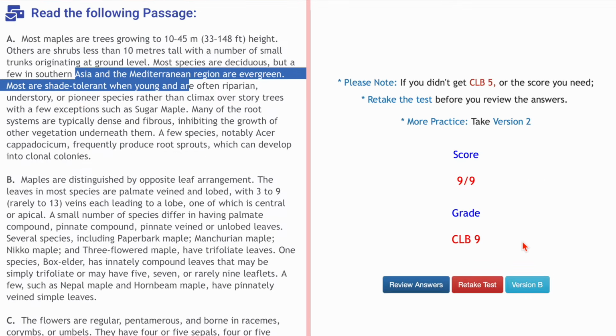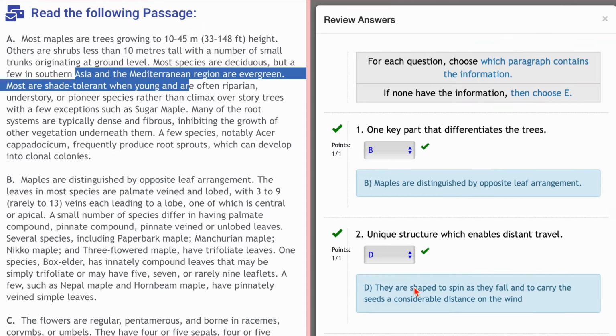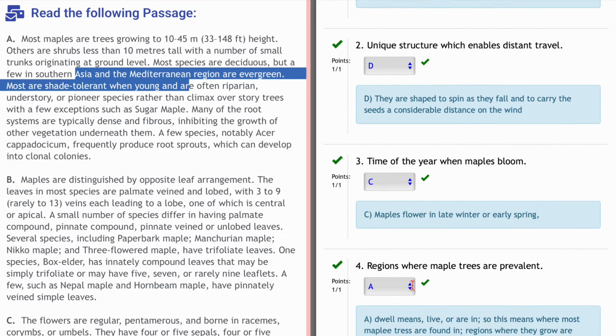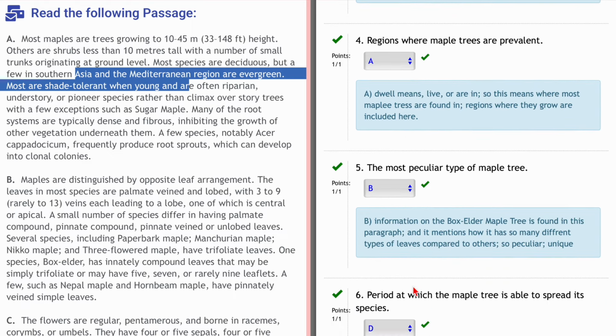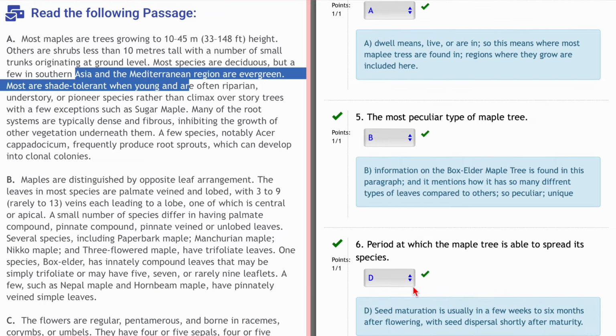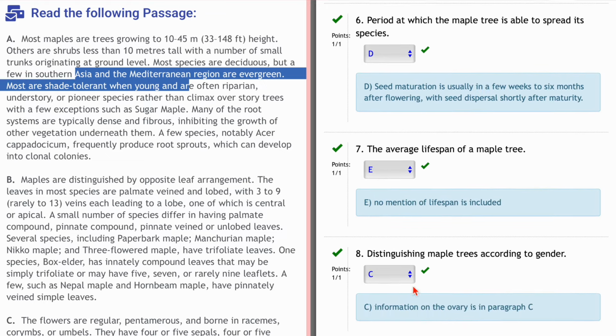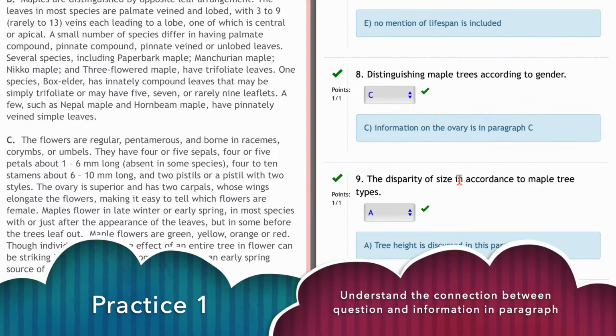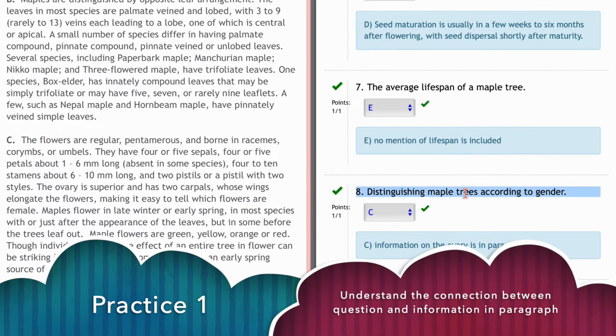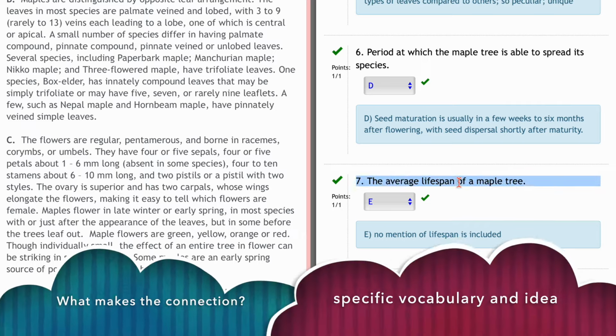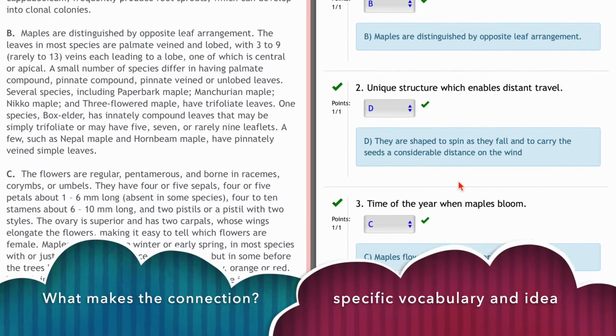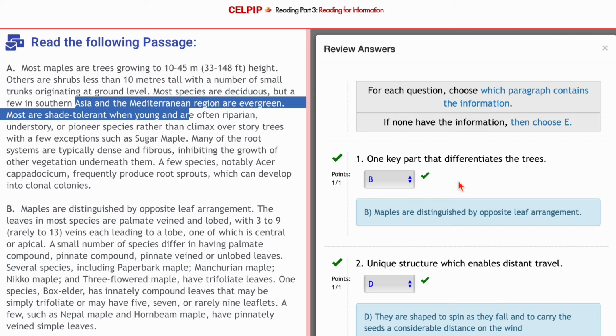Very good. Now, everyone, it's very important again to review the answers. I would review the answers and try to check exactly to make sure that I understand. It's very important to understand why each question is in that paragraph, okay? And also, it's very good to review the reading.